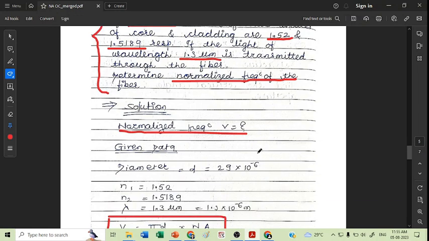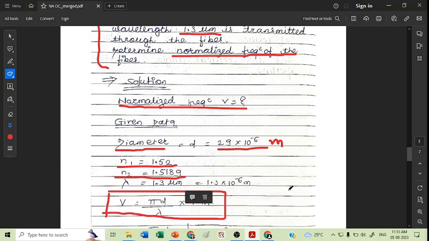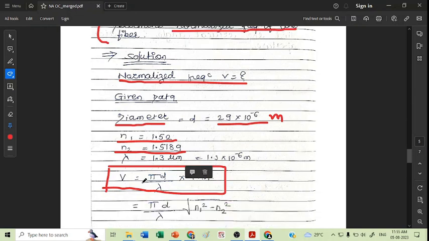Let us write the given data. Diameter is 29 into 10 to the power minus 6 meter. n1 is 1.52, n2 is 1.5189, and lambda is 1.3 micrometer. And the formula for normalized frequency is V equals pi d upon lambda into numerical aperture.